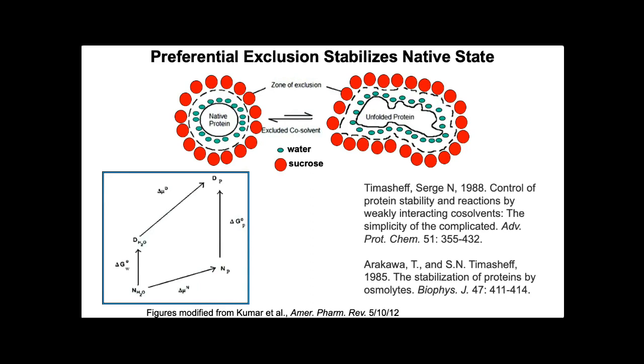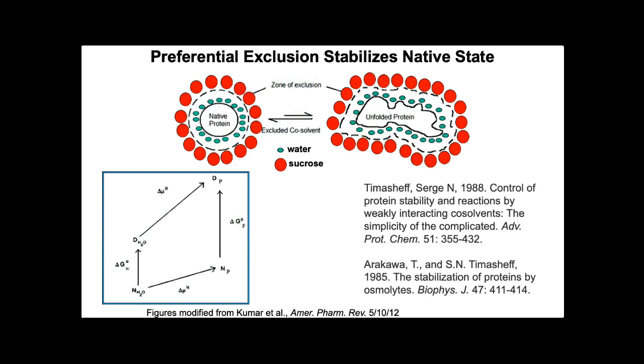So in thermodynamic terms, this is a negative binding. The negative binding means that in the presence of the stabilizer, as shown here, the protein chemical potential increases. So a preferentially excluded solute with the native protein increases the chemical potential of the protein. If that's all that happened, this would be a destabilizer.